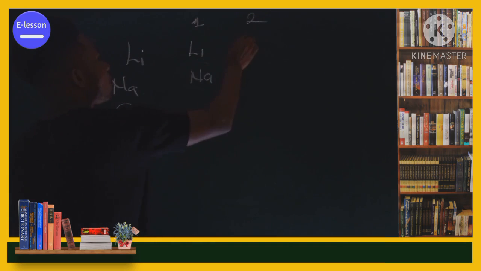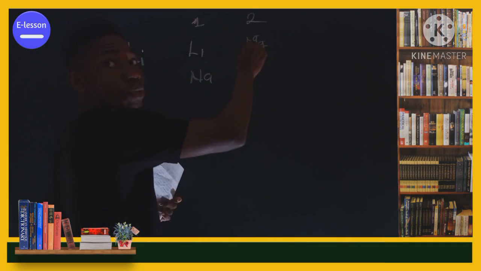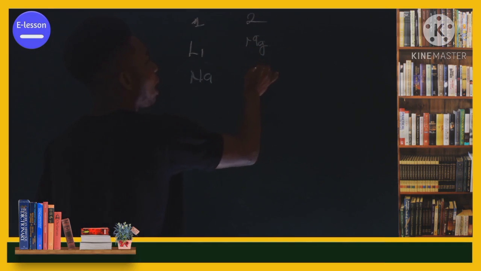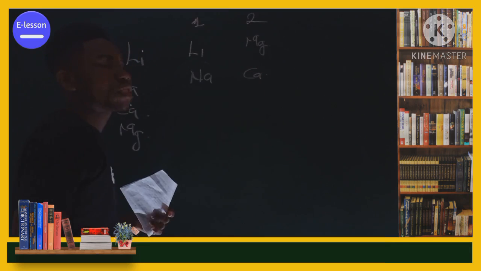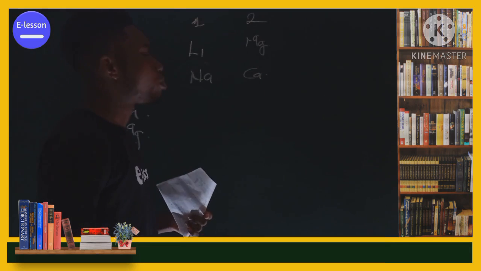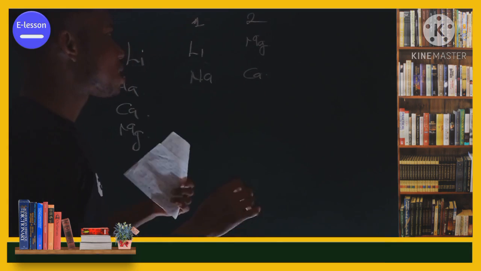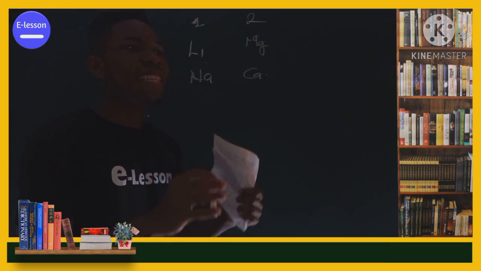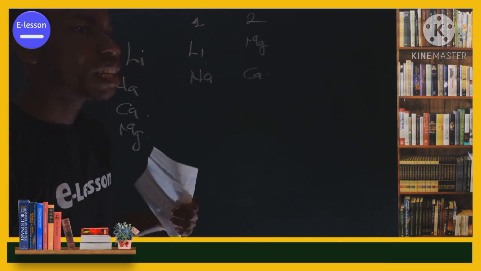Then we have magnesium. This is group 2. And we have calcium. This is group 2. Now we are going to discern which of them has the highest atomic radius.